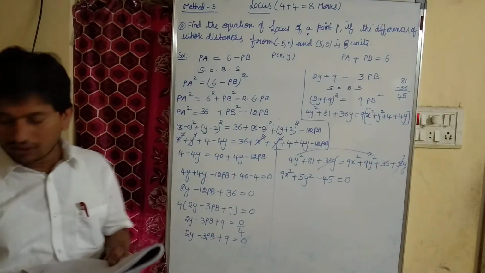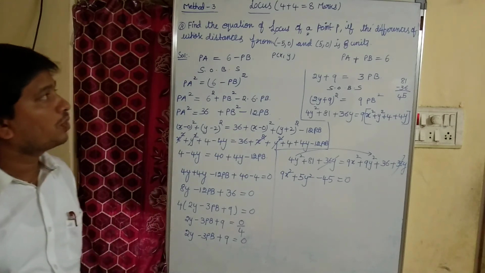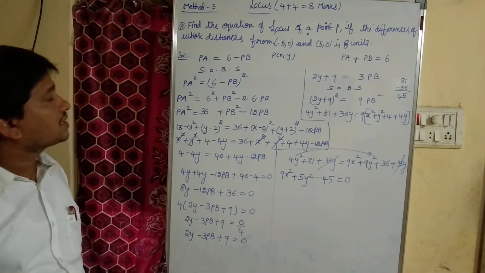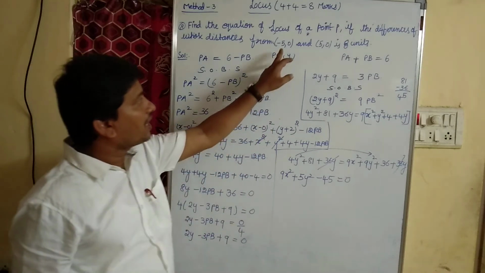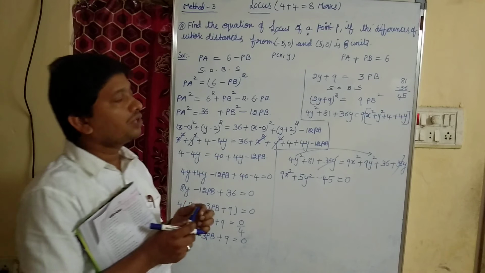What is the question, children? Try to understand. Find the equation of locus of point P if the difference of whose distances from minus 5 comma 0 and 5 comma 0 is 8 units.